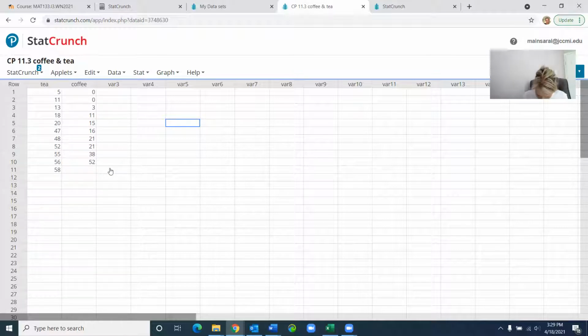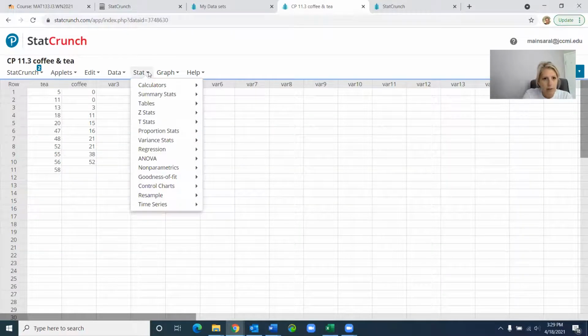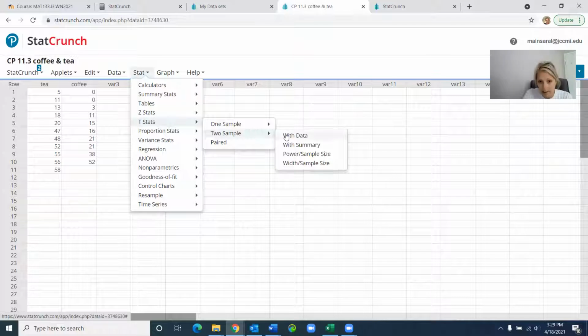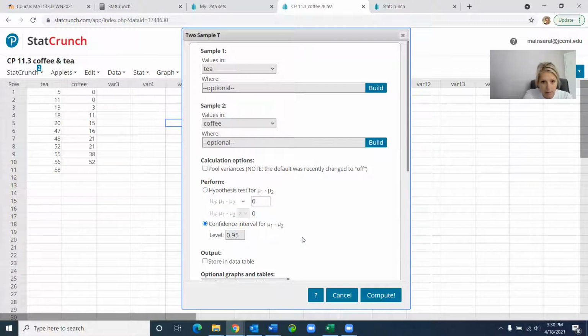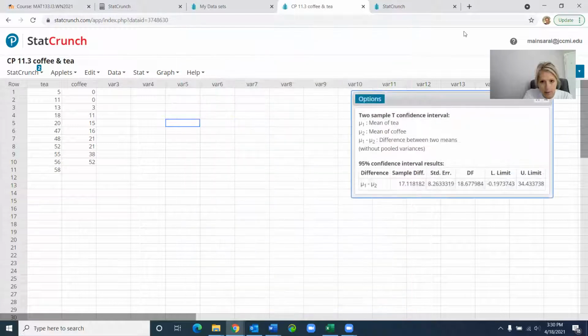And they were collecting their antigen. So they were collecting their production of interferon gamma, the molecule. So we're going to stat and t-stats, 2 samples with data this time. And so our first values are going to be in the T column, and then our second sample is the coffee column. We're doing a confidence interval of 95% and hit compute.